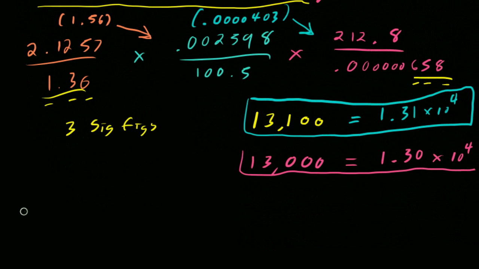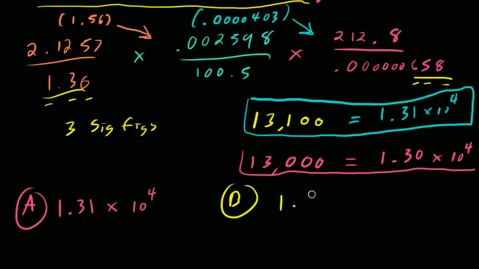Like even imagine we had, okay, so choice A, let's say it's our right answer. Let's say it's 1.31 times 10 to the 4th. So that's choice A. And then choice B, let's say it's actually 1.3 times 10 to the 4th.